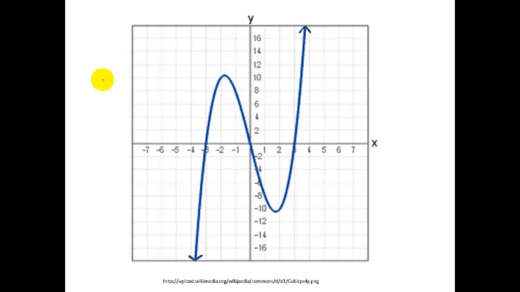So where is it positive? Well, that's anywhere that the output is above the axis. So from here all the way to here. So from -8 to 0, right? That's the input values. From -8 to 0, the graph is positive. And from 3 onward, the graph is positive.